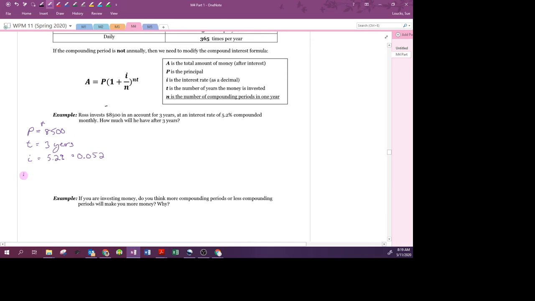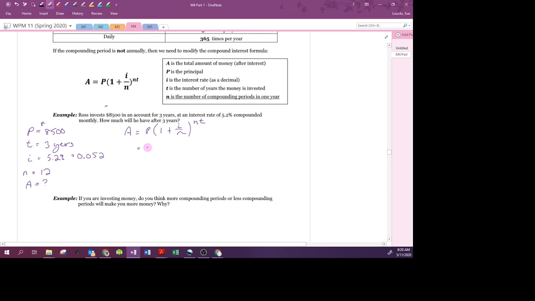So N is going to be 12 because it's compounded 12 times each year, and we're looking for the amount after 3 years. So the amount is the principal times (1 plus I over N) to the power of NT.